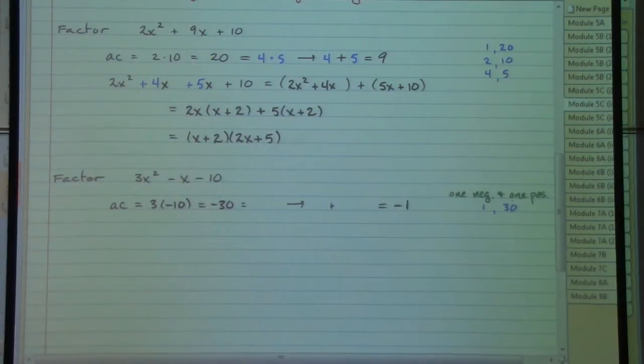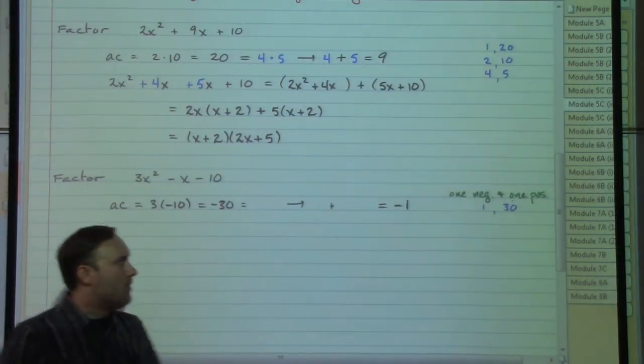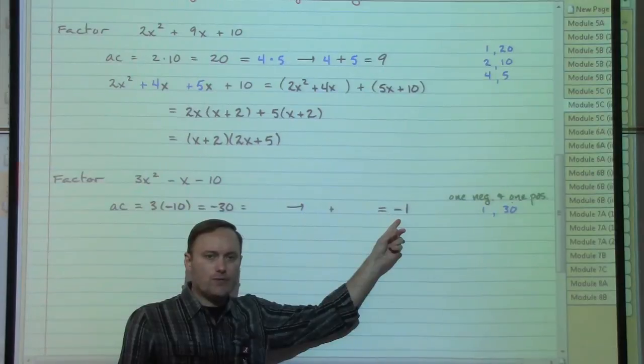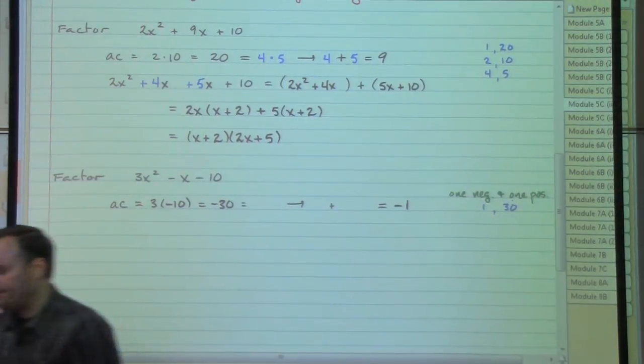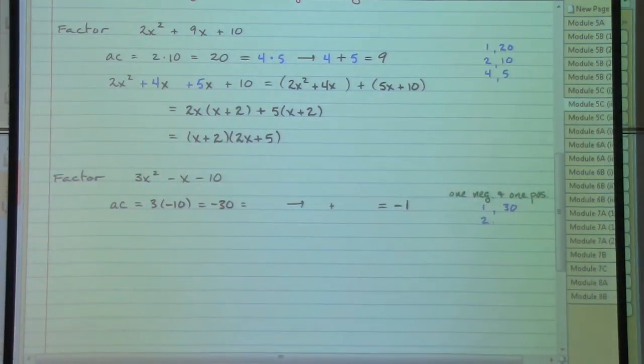Now, no matter which one of those is the negative, those are just too far apart from one another to get me to blank plus blank equals negative 1. I need numbers that are much closer together. But again, if I don't automatically have an idea of what could work, I can make my way orderly through the different possibilities.